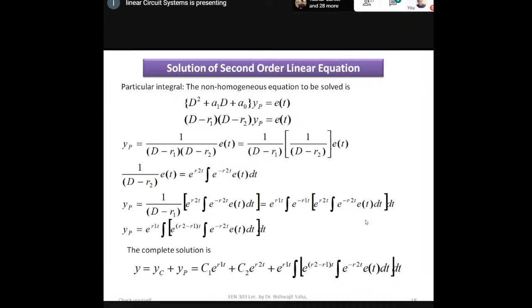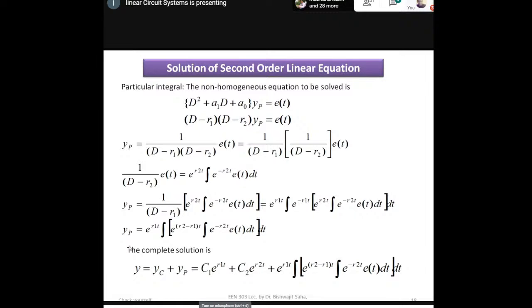So yp finally coming e to the power r1t, integration of e to the power minus (r2 minus r1)t, integration of e to the power minus r2t u of t dt, overall dt. I think, have you followed me clearly?